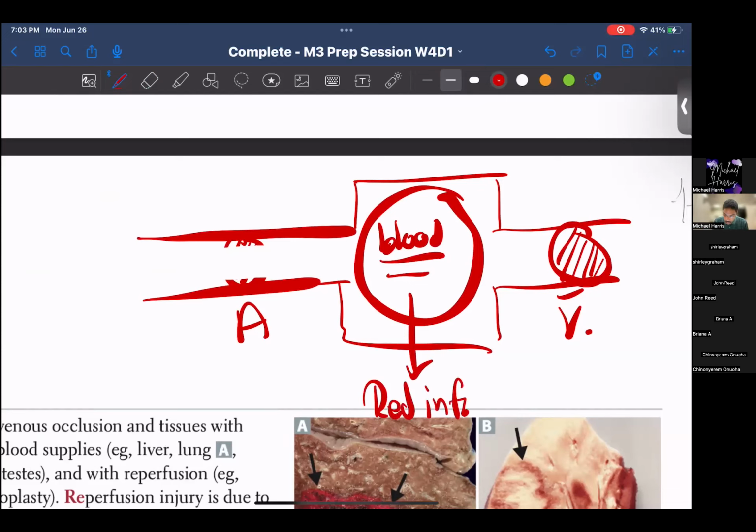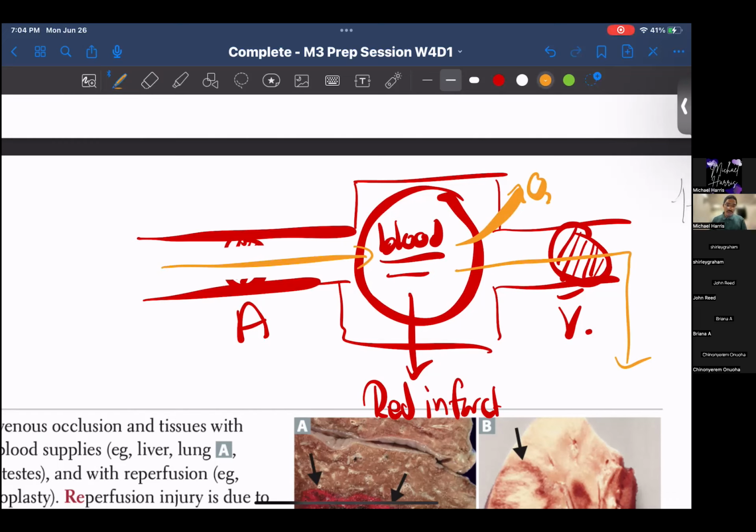Now, the next question is, why is it infarcting if you have blood there? So the reason why it's infarcting, despite having blood there, is because the oxygen is being pulled out of that blood, right? So you pull oxygen out of this blood. However, this blood cannot move out for more blood to flow in with new oxygen.